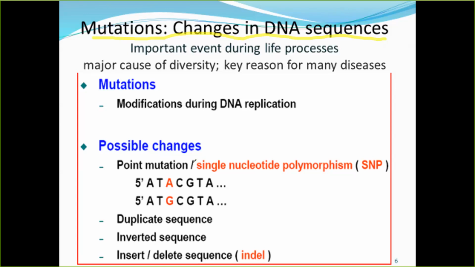So the first and most common type of mutation is the point mutation, which is also called single nucleotide polymorphism, also called single nucleotide variation. Point mutation is when one base pair is changed to another base pair in the sequence.